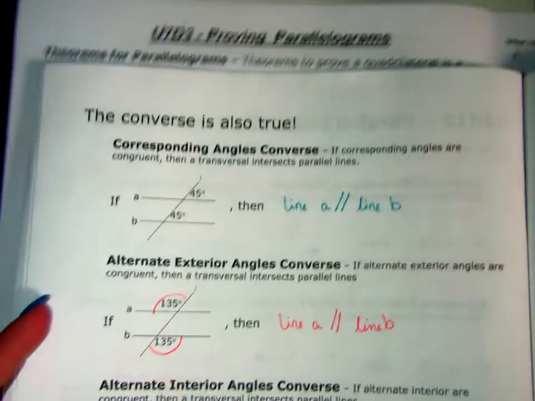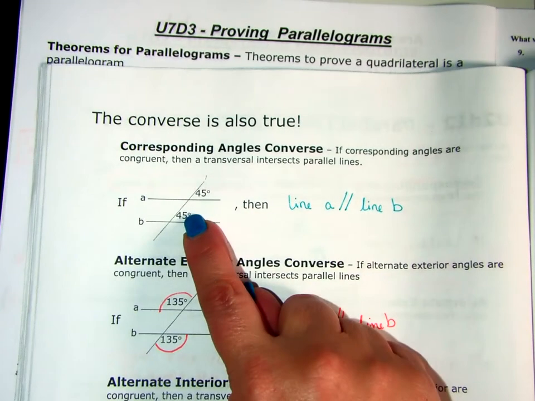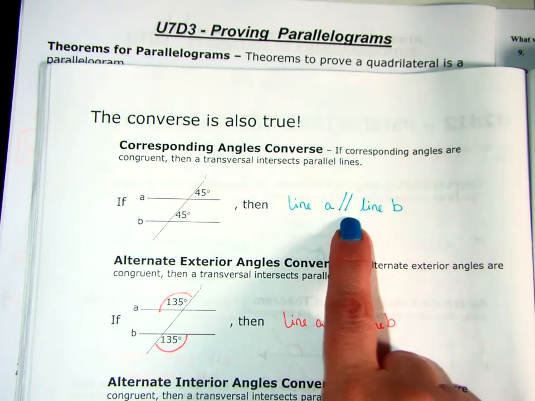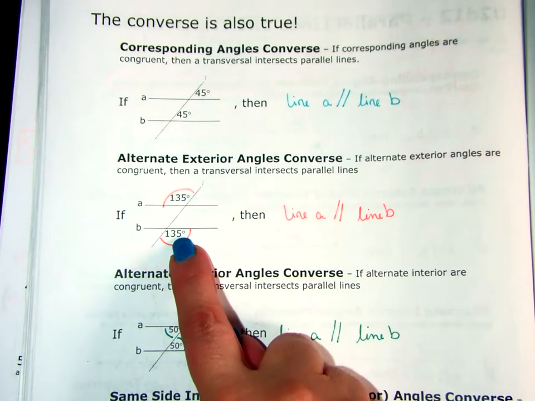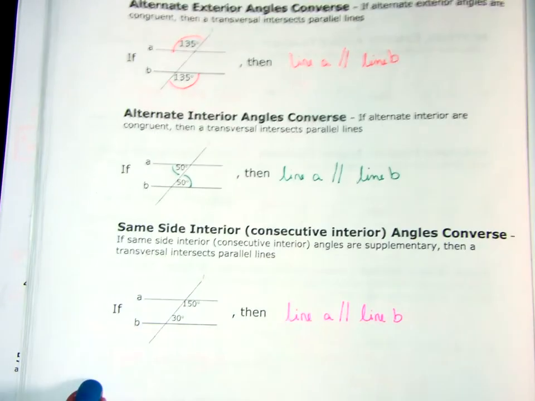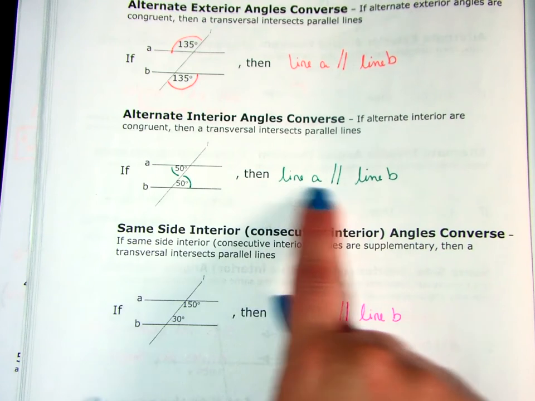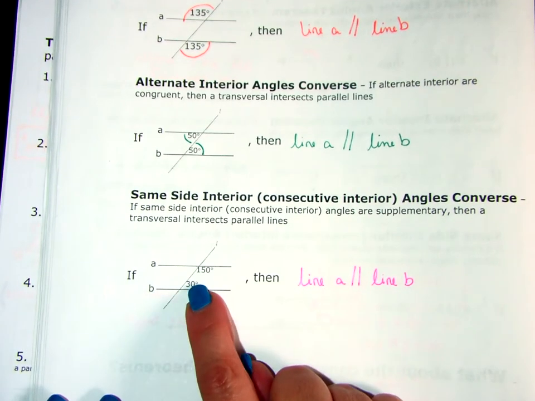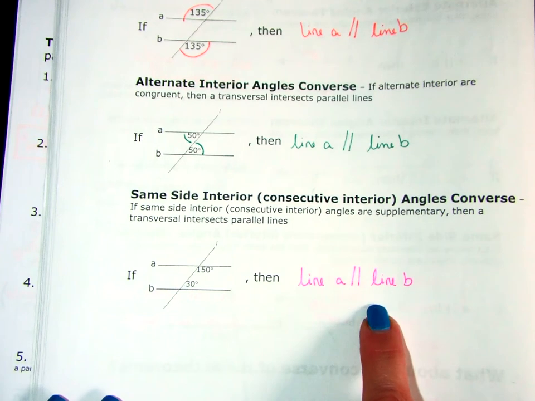We said if your corresponding angles are congruent, then your lines are parallel. If alternate exterior angles are congruent, then your lines are parallel. If alternate interior angles are congruent, then your lines are parallel. If same side interior angles are supplementary, then your lines are parallel.